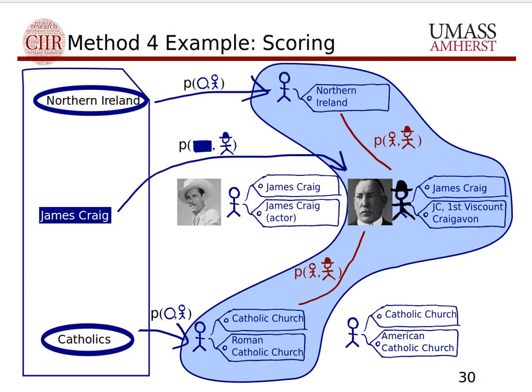In addition, it includes for every neighboring entity mention, for instance Northern Ireland here, the similarity measure between Northern Ireland as a query string and this entity over here. Same for Catholics and the Roman Catholic Church. And in addition, we have these two red factors over here that just measure how likely it is to see an entity Northern Ireland mentioned in the context of James Craig, the First Viscount Craigavon.